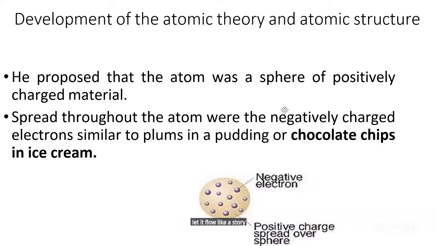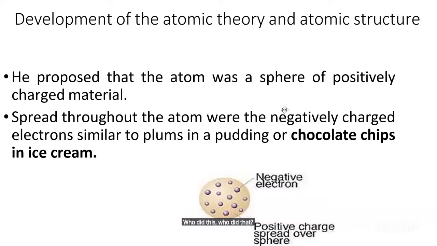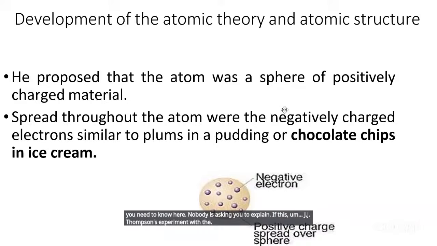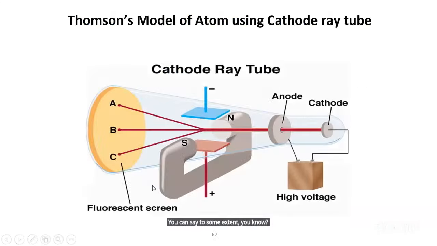You should be able to know who did this, who did that. Nobody is asking you to explain J.J. Thomson's experiment perfectly, but you can say it to some extent. So the cathode ray experiment, you can actually explain it.